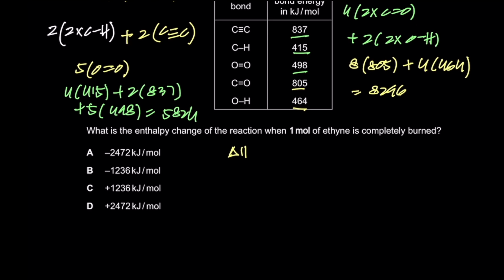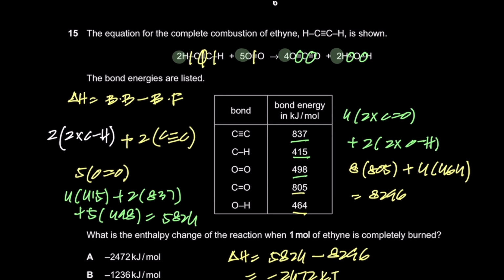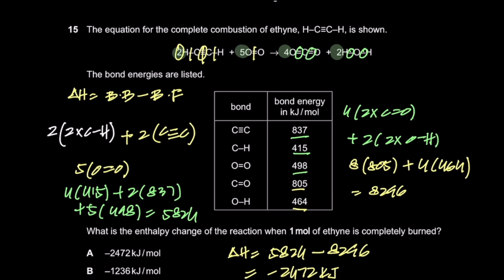So enthalpy change is the energy taken in during bond breaking, which is 5824, minus 8296. That gives me minus 2472. But remember, this is the amount of energy given out for every 2 moles of ethyne.